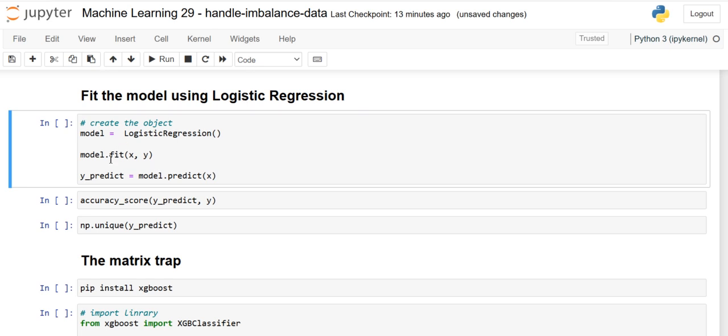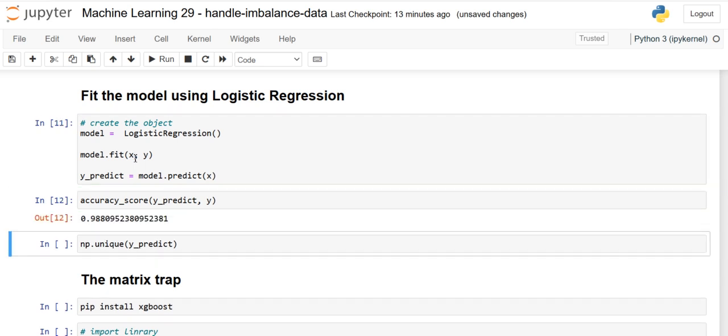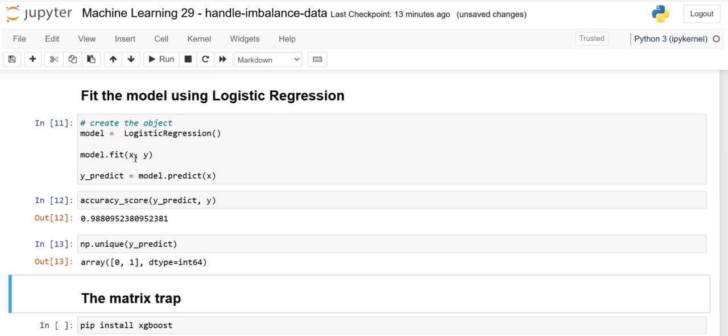Before creating the model, I am going to fit it for prediction. And kindly observe that the accuracy is 98.8%. Here we are able to understand one major issue that new developers fall into when dealing with unbalanced data: the evaluation metrics used to evaluate their machine learning model.